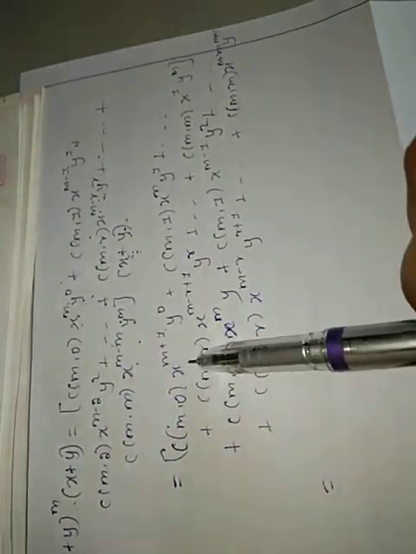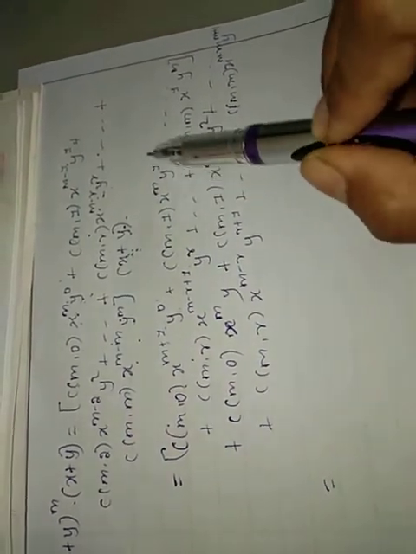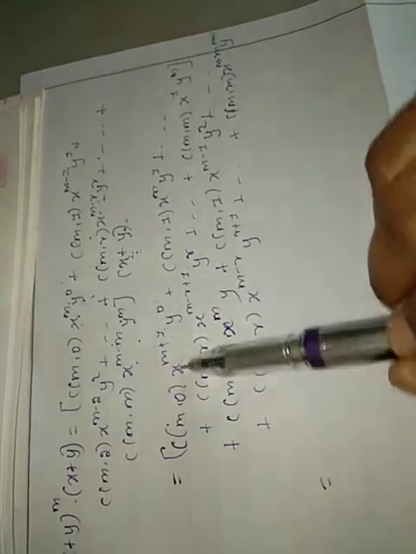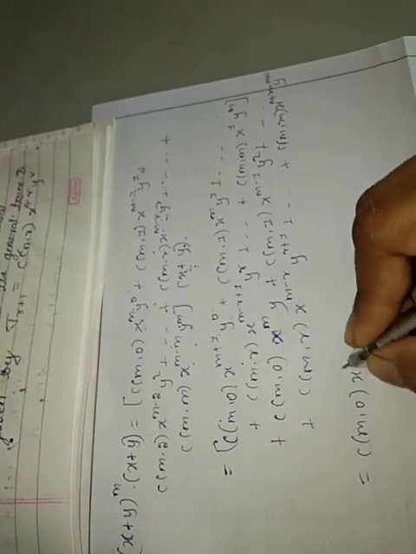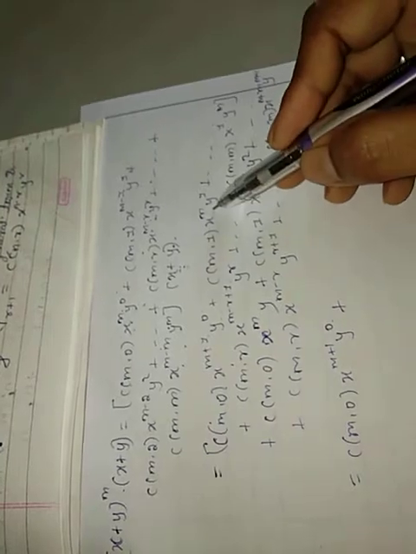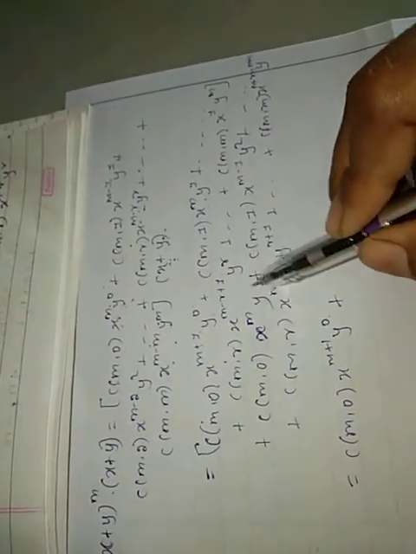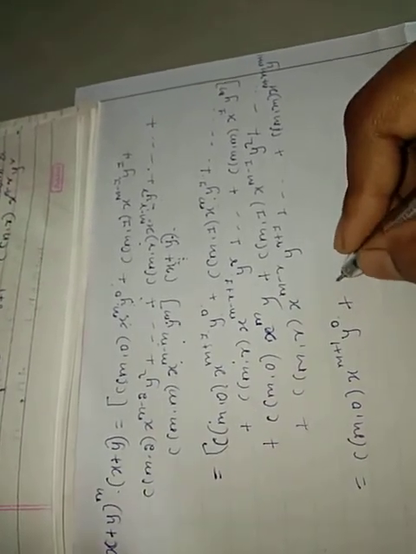Now see here, x^(m+1) into y^0, x^m into y^1. Here also it is x^m into y. Keeping the first term as it is, C(m,0) x^(m+1) into y^0. In the term x^m into y^1, here also it is x^m into y^1. Take x^m y^1 as common.